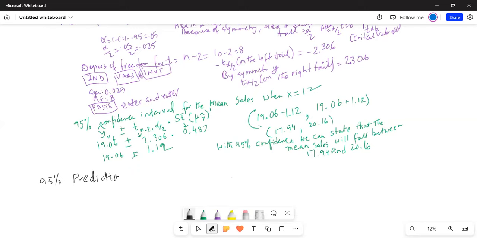Now we will do the 95% prediction interval for one value of sales when x is equal to 12. And that formula is slightly different.